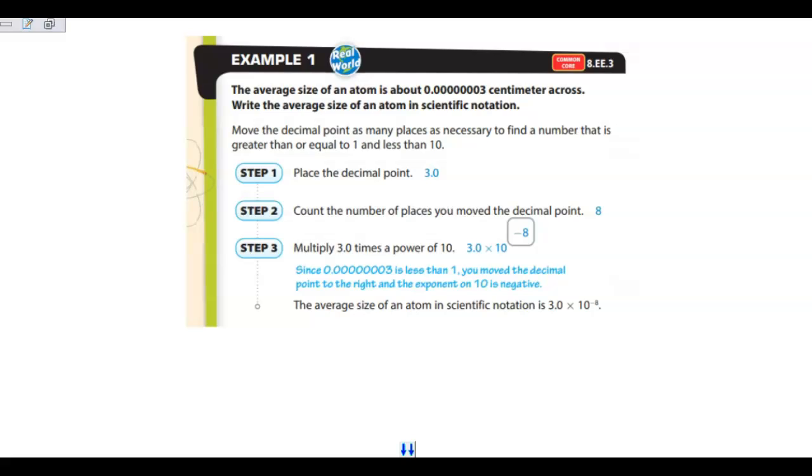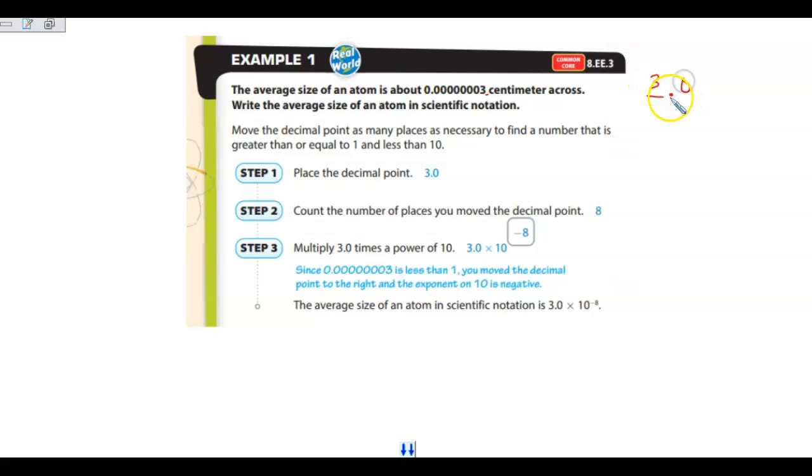The average size of an atom is this length across. Write the average size of an atom in scientific notation. So when I'm looking at this, I need 1 digit to the left of the decimal that is between 1 and 9. When I'm looking at this number, these are all zeros until I come across this 3. Now the decimal has to go behind the 3 because 3 is the number that is between 1 and 9.